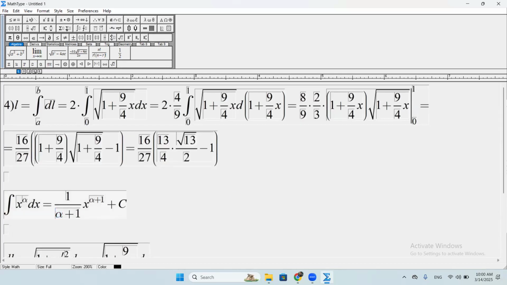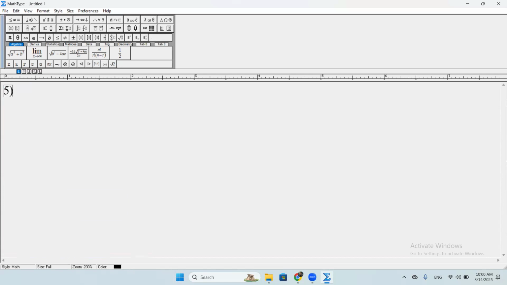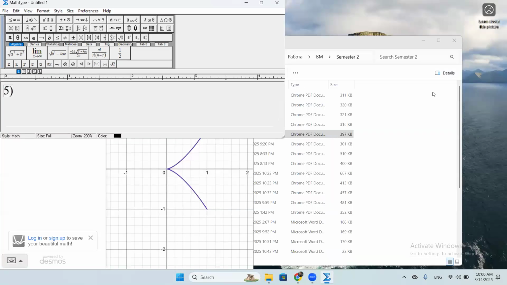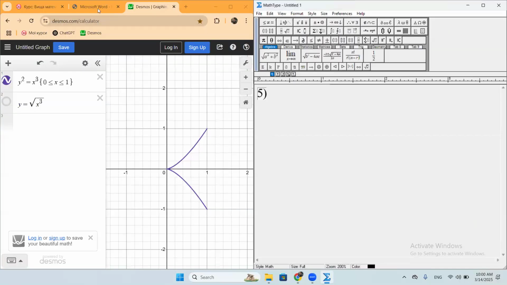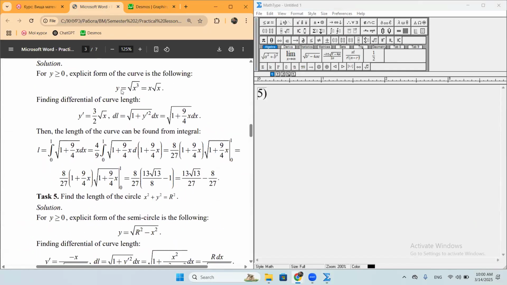Yes, thank you. Okay, more questions about this exercise? If no questions, let's move to the next exercise. We need to find the length of the circle.